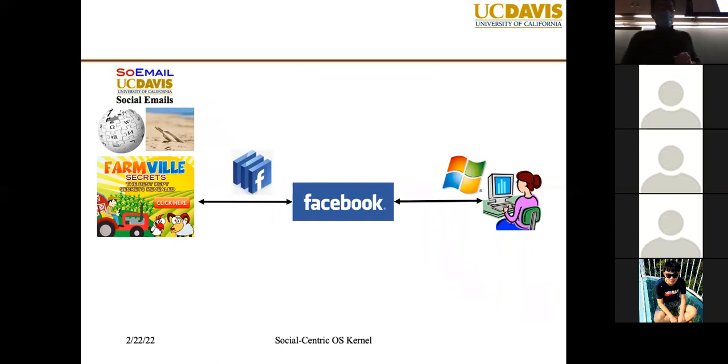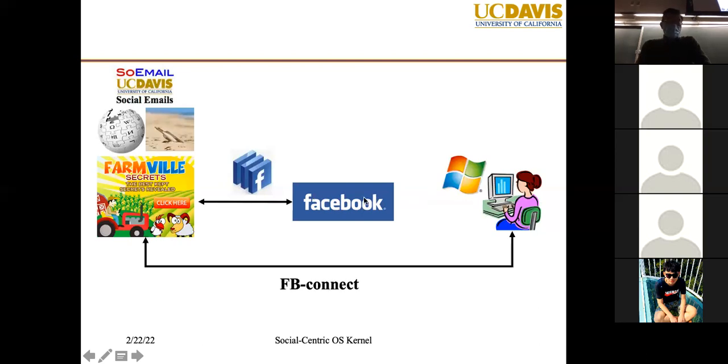Essentially, all these apps, including Farmville and others, are a suite of applications where, for any user who uses the application, you can go through the Facebook API to retrieve the user's information, particularly about the friendship, all the friends that you have. That's the API, I think even today you can have that. And then the user comes from this side and tries to access that. So what we want to do is this.